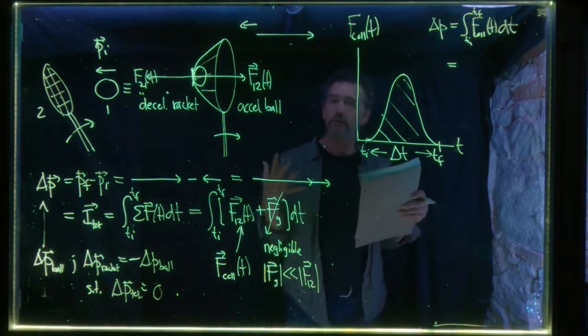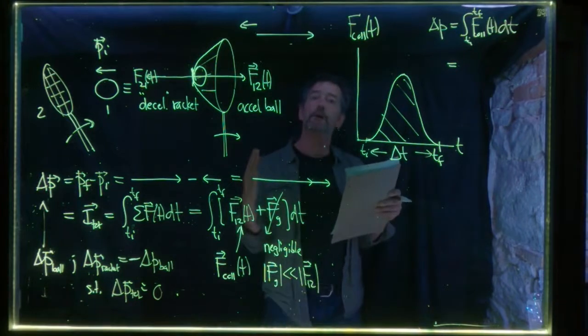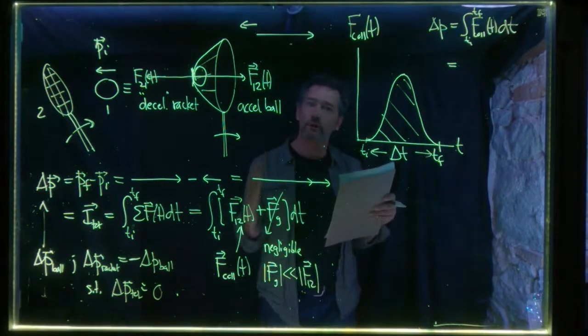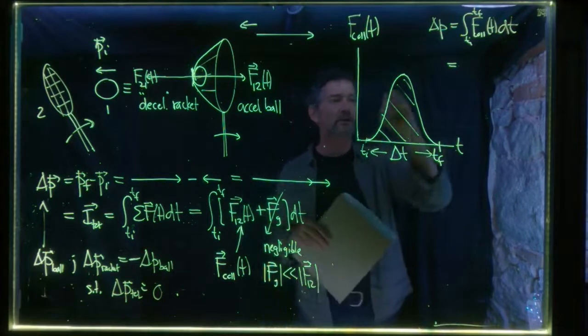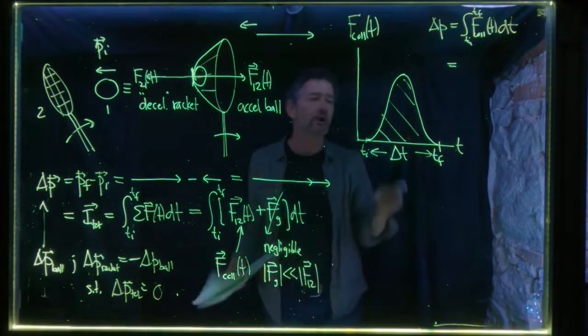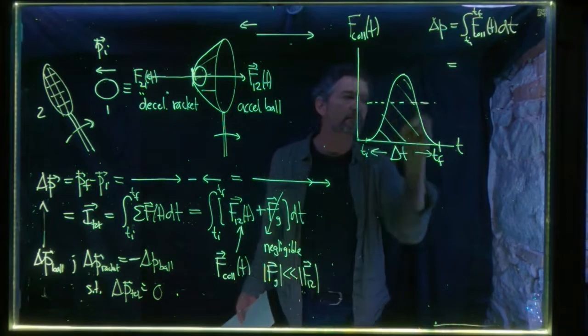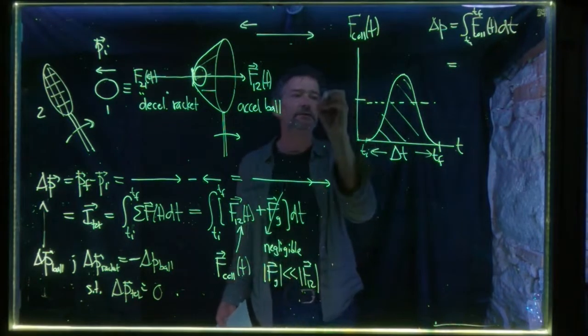The amount of momentum transferred just depends upon the area under the curve. So we could replace this complicated time-dependent function with a constant function. Okay, and this is F collision average.